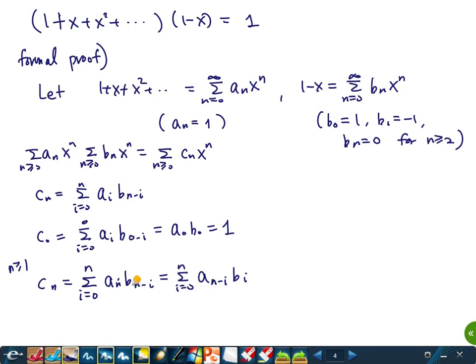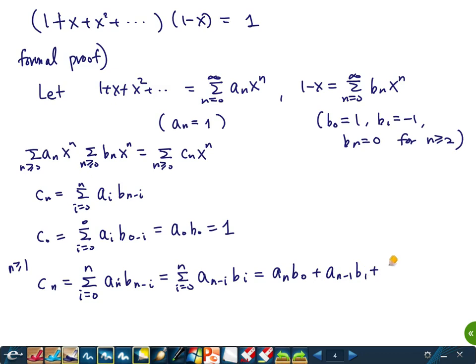They represent the same sum. And what do we know about bi? What happens if i is greater than or equal to 2? It's going to be 0. So even though we may have more terms, they are all going to be 0, except i equals 0 and i equals 1. So for i equals 0, we have an b0.